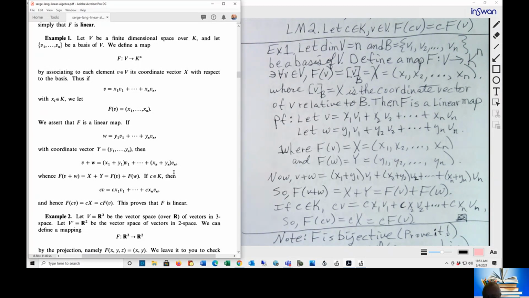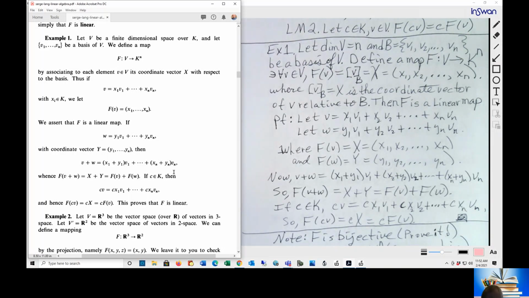Now look at the sum of v plus w. Well, if you do the arithmetic and then reassociate the scalars with their like terms, you get v plus w equals x1 plus y1 times v1 plus x2 plus y2 v2 plus dot dot dot plus xn plus yn vn, so that f of v plus w is equal to x plus y, which in turn is what?